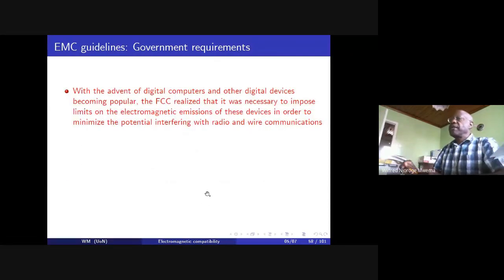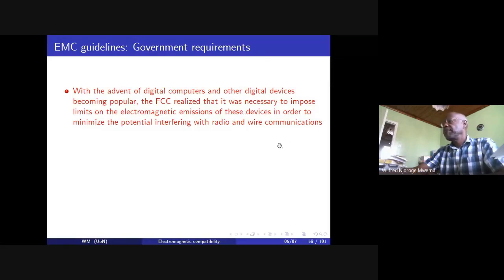So, with the advent of digital computers and other digital devices becoming popular, the FCC has realized that it is necessary to impose limits on the electromagnetic emissions from these devices in order to minimize the potential interference with radio and wire communication.